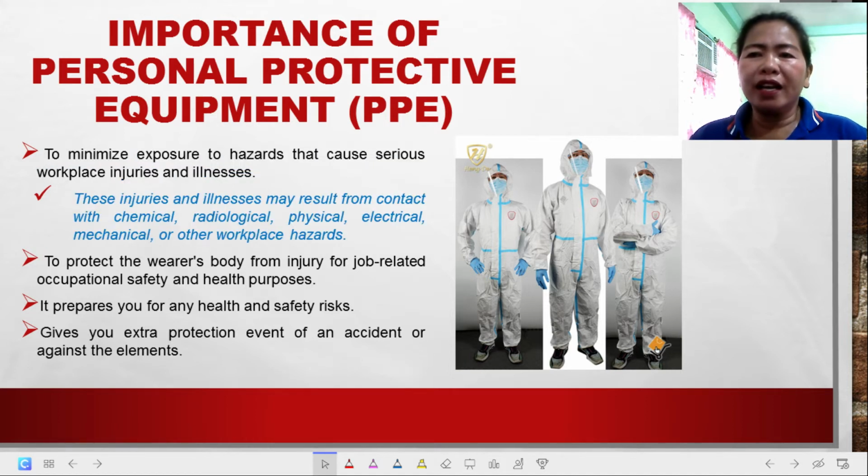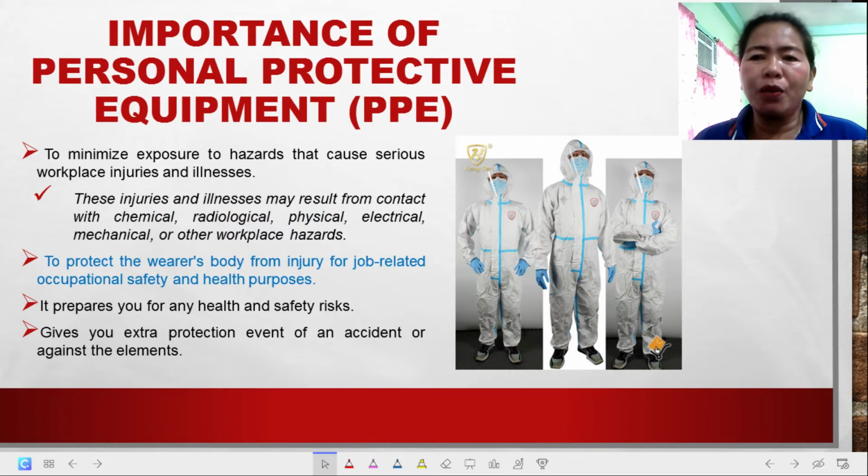So, the injuries and illness may result from contact with chemicals, radiological, physical, electrical, mechanical, or other workplace hazards. So, in every aspect of our lives, there are a lot of hazards that we may encounter in the future or in the present. So, that is why personal protective equipment are very important.